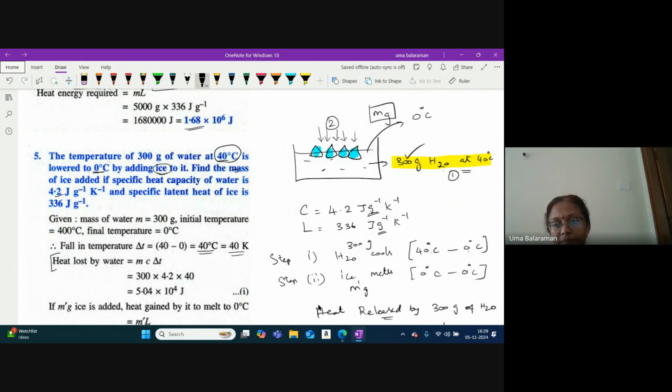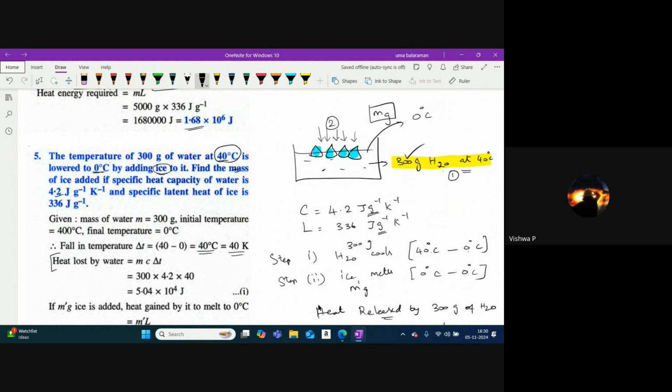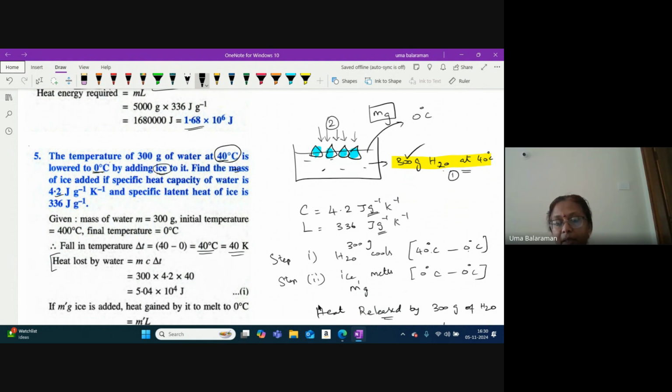Are you able to follow? Kind of, yeah. So two things are happening because we are mixing two substances together. So step one, 300 gram of water cools from 40 degrees to 0 degrees Celsius. For this, we will use Q is equal to MC delta T formula.